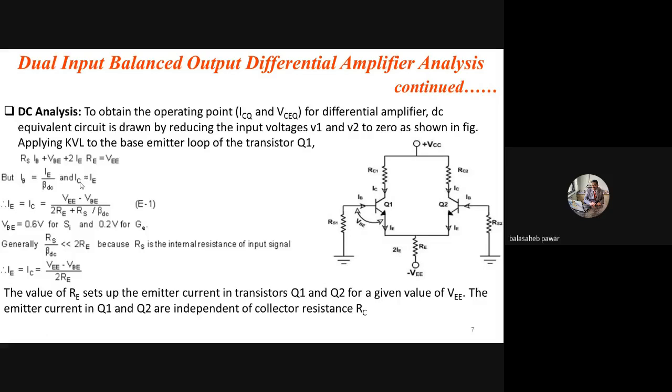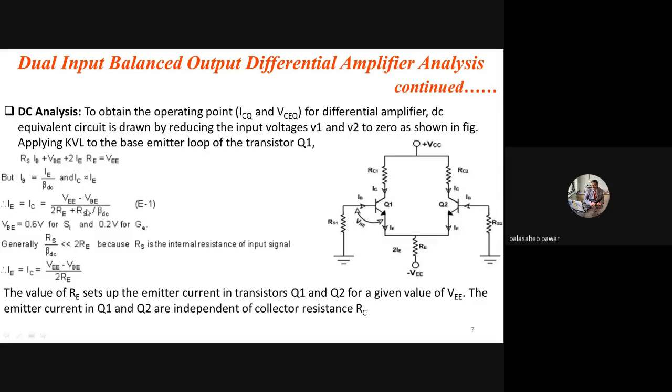Therefore, IE equals IC, and if you rearrange the terms, we are interested in how much IE or IC will be. Just by rearranging, you will observe that IE equals IC equals (VEE minus VBE) upon (2RE plus RS by beta DC).